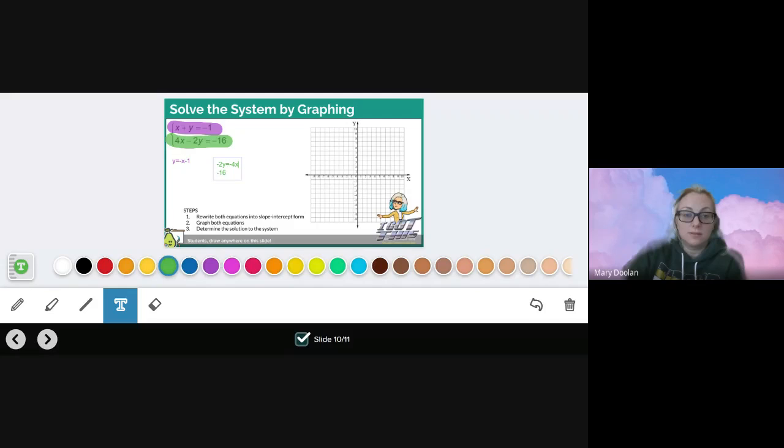Okay, and then I just need to adjust this so you can see the whole thing. I'm almost done rewriting this in slope-intercept form. I'm going to have to do another step here.